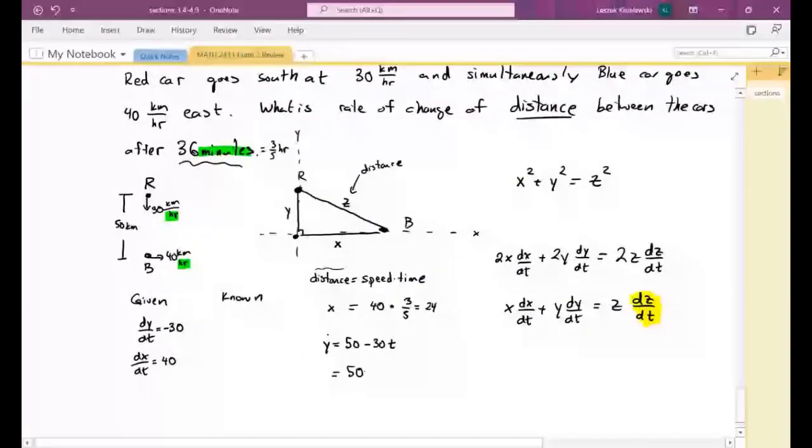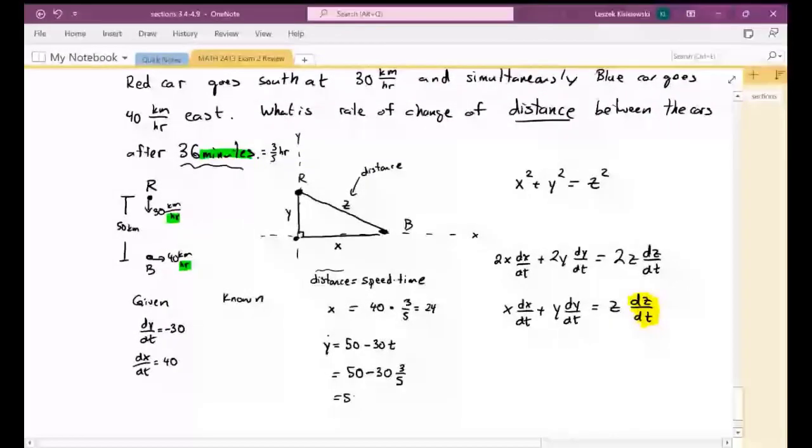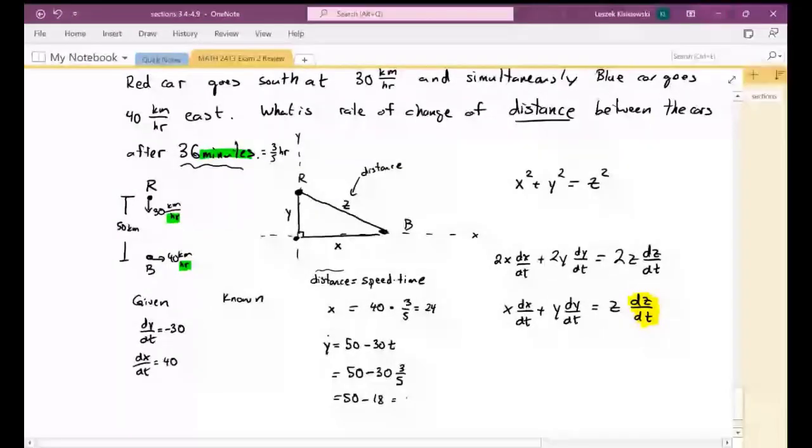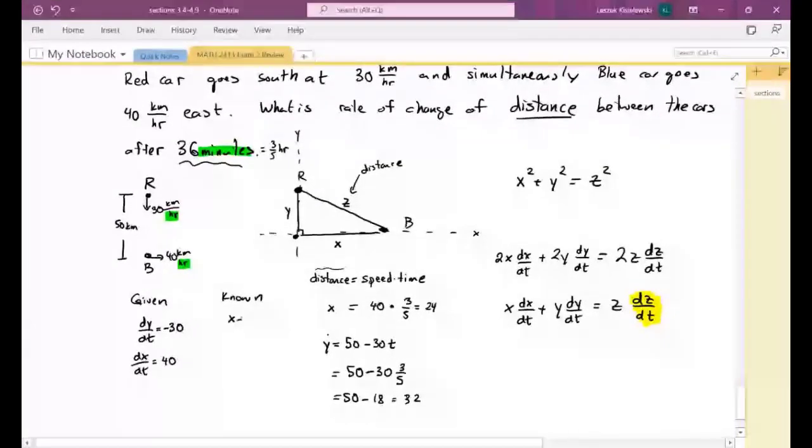So after 3/5 of an hour have elapsed, where's the red car at? So 32. Okay, so now we figured out that x is 24 while y is 32. That makes sense. Okay, perfect.